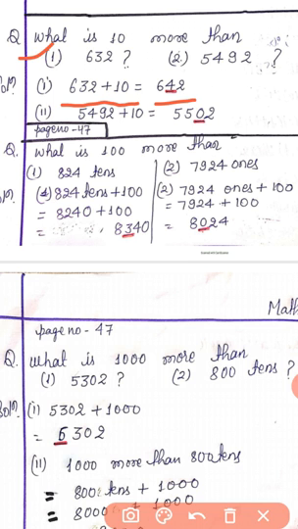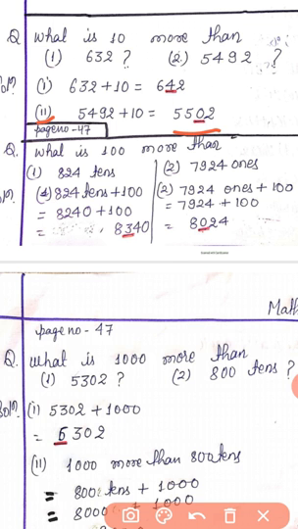Now we add 10 to 5492. After adding we get the sum 5502. So the ones place digit is the same, and the tens place digit always changes, while the hundreds digit also changes if there is regrouping.